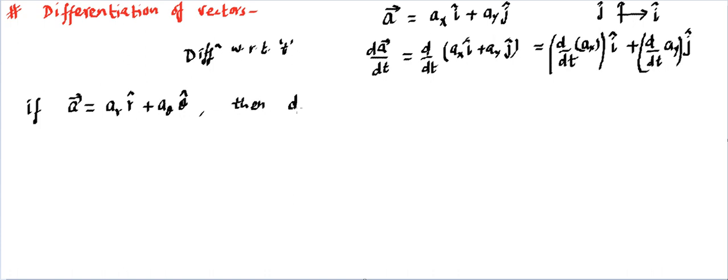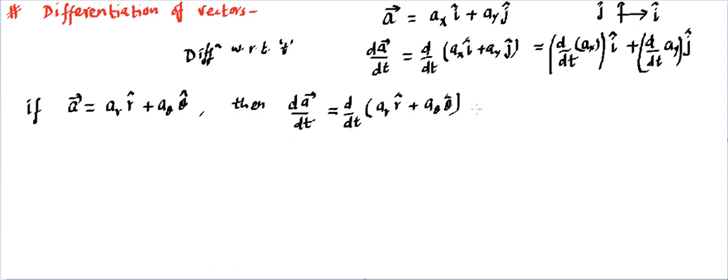And if this is given, then we can find dA upon dt. So let's say we are finding dA upon dt, so how the rule will go, that's what I'm explaining. d upon dt you need to apply on this entire right hand side stuff. So this is going to be a_r r cap plus a_theta theta cap.